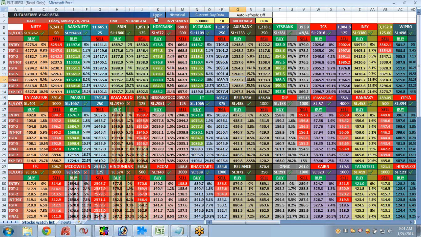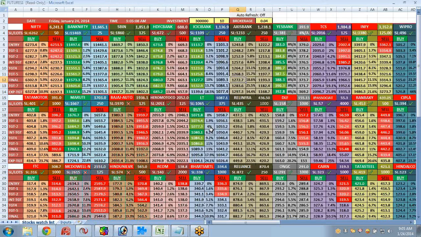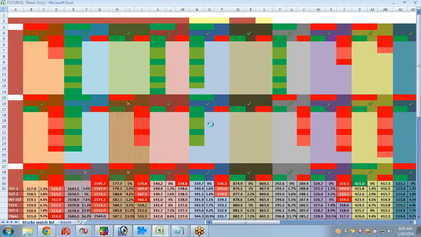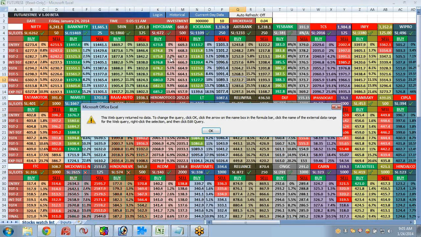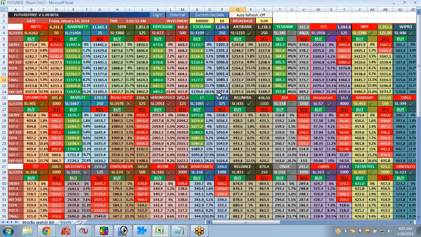We have a login ID. So every person who is subscribing to this application will get a login and password. The historical data is nothing but the previous day's data. So once you click on the historical data, it will take the previous day data, and then it will compute certain equations.